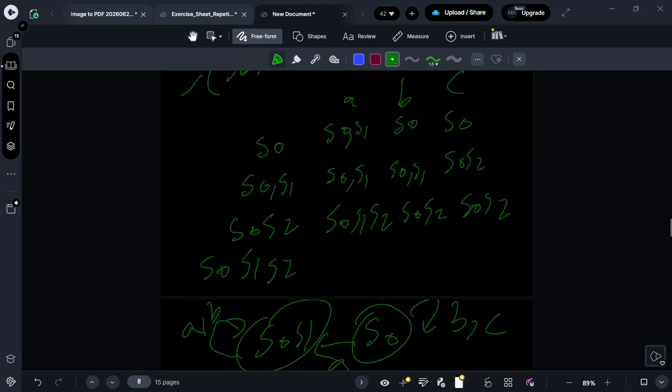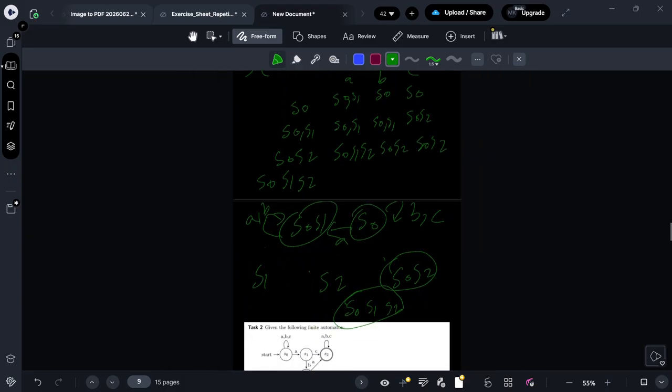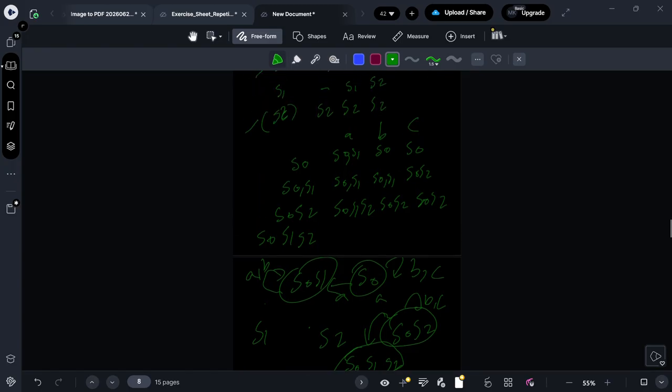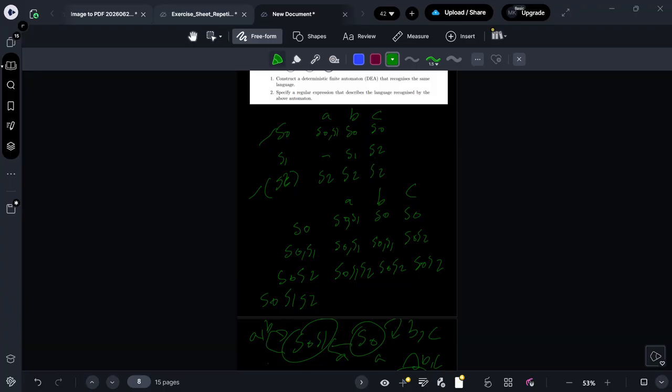So basically now we see the states. S0, S2 reads the A, goes to this one. Reads a B, stays on its own. Reads a C, stays on its own. Then the next state, we can see the same, all three at the same time.